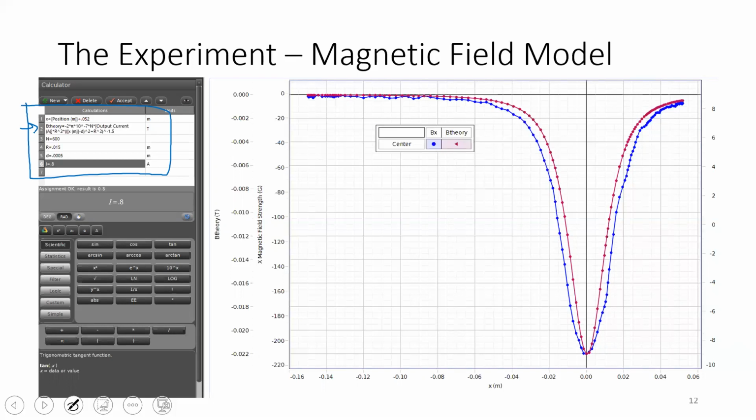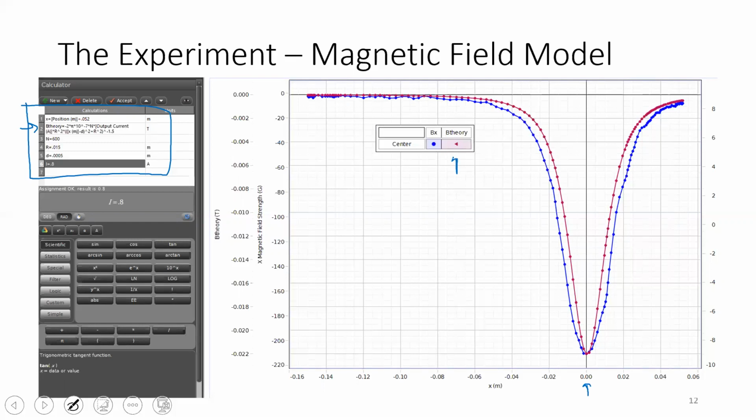There's a D distance here that's saying I can adjust where my center point is if I don't feel like I got my minimum there at 0. If I don't feel like I got my sensor zeroed quite correctly, I can adjust that. The radius and the turns in our coil, we're going to leave the same, but we can adjust some of the other items to try to make the theory match our data.